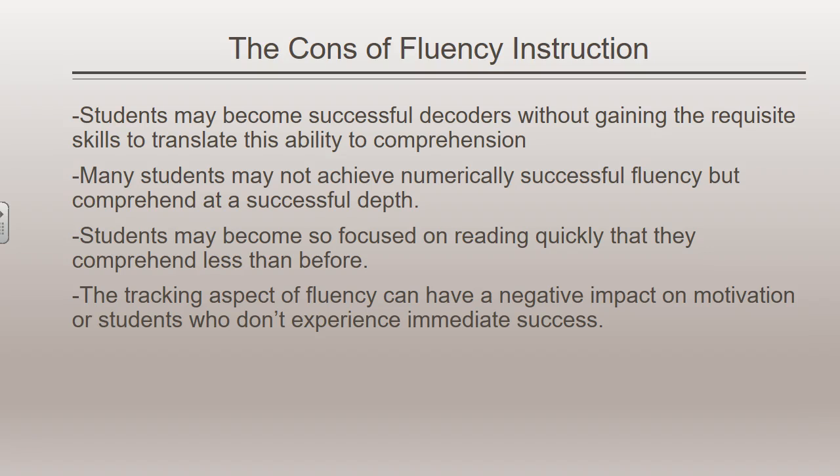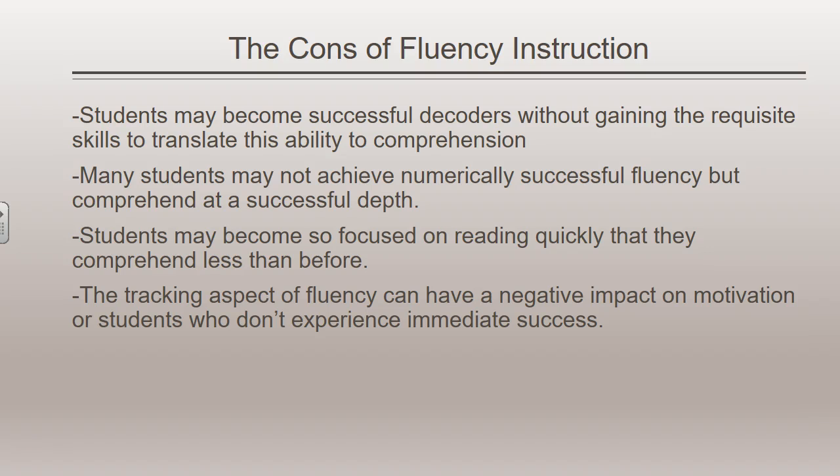But then, contrary to what we just talked about, there are students who do not read quickly, which often translates to low fluency numbers, but they are comprehending, which in actuality is the more important, or in my estimation, is the more important dimension.